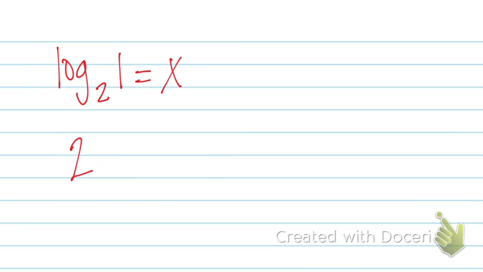What power is it, Sam? Not 1. X equals 1. Now, think back without even having to solve anything. Topic 7, exponent rules. It has to be 0 because anything to the 0 power equals 1.